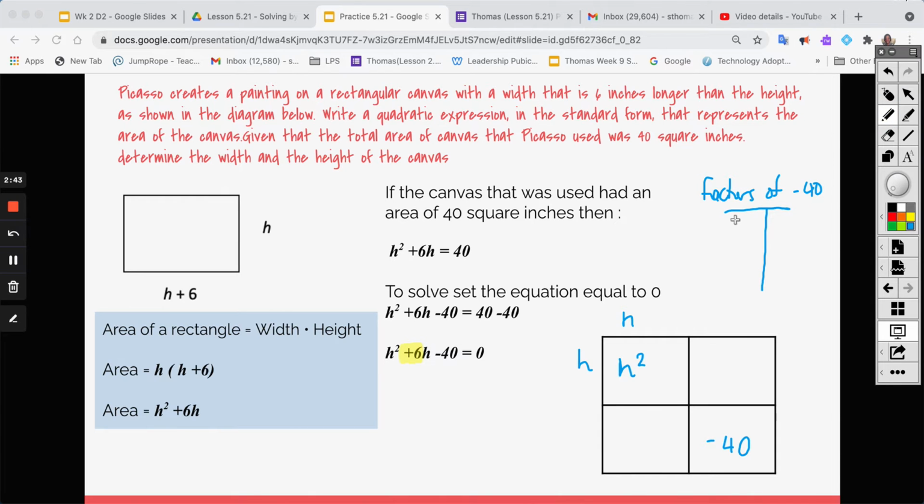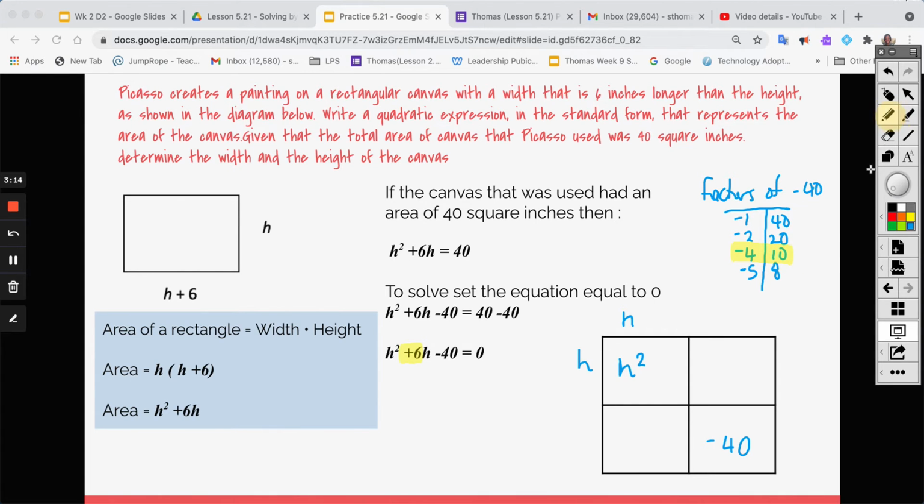So we could have negative 1 and a positive 40, negative 2 and a positive 20, negative 4 and a positive 10, or negative 5 and a positive 8. When we add the pairs, the one that gives us a positive 6 is negative 4 plus 10.